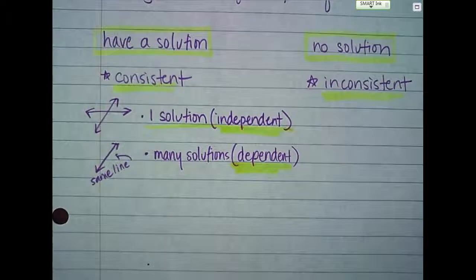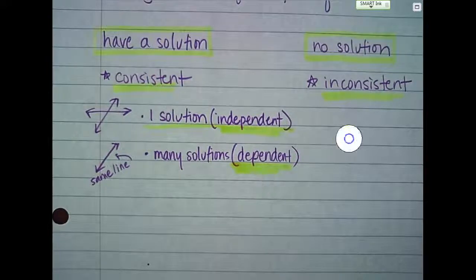I think of it as, you either cross and go your independent ways, that's scenario one, or you just are always together, scenario two, dependent, the same line. So those are your only options, consistent with one solution and independent, or consistent with many solutions being dependent.